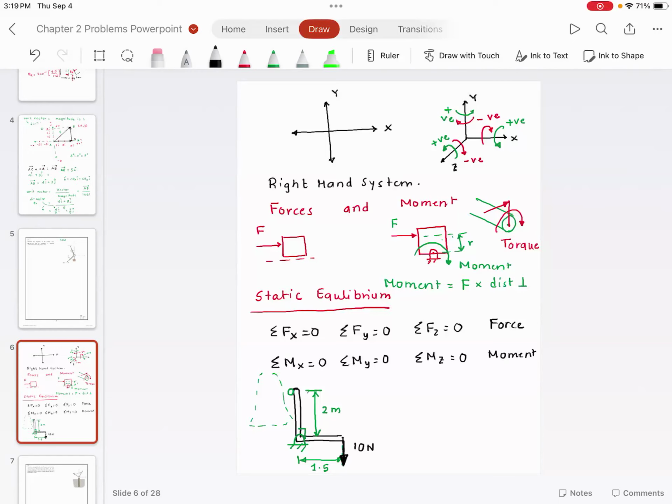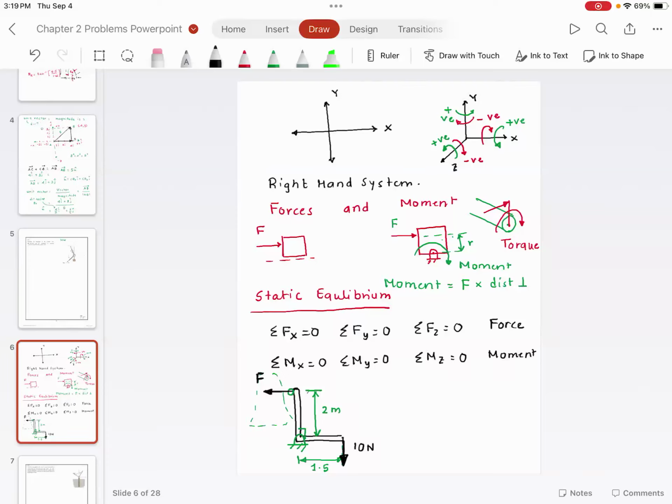My question to you is, what should be the force acting here so that this bell crank lever is in equilibrium? You are applying 10 newtons of force over here, and I want to find the magnitude of force F over here.